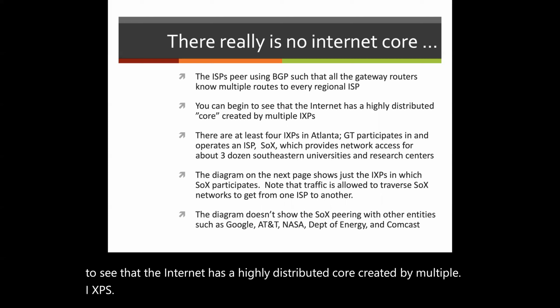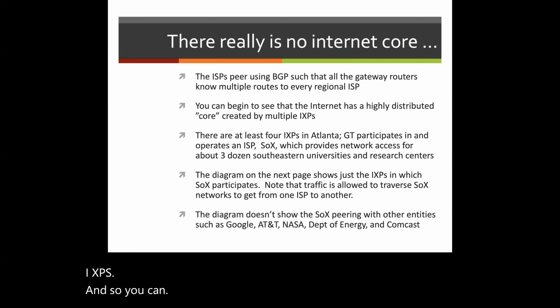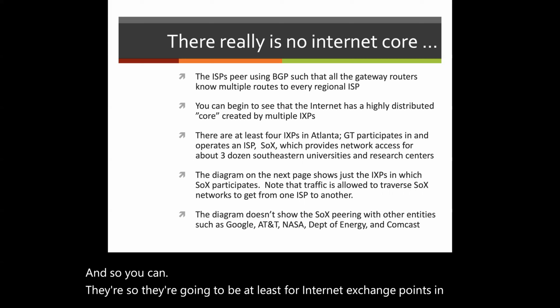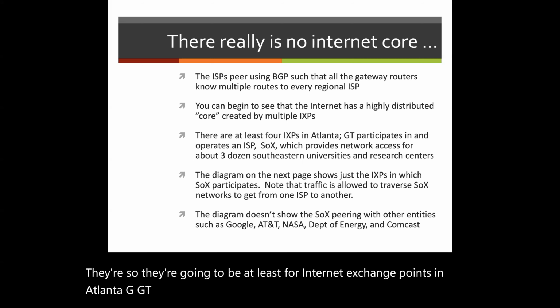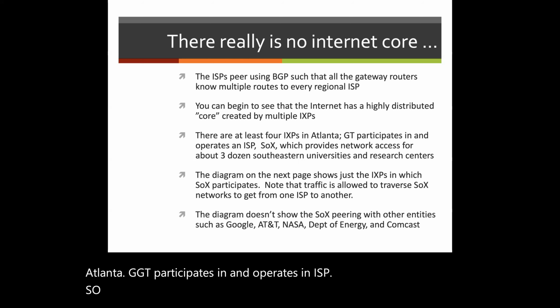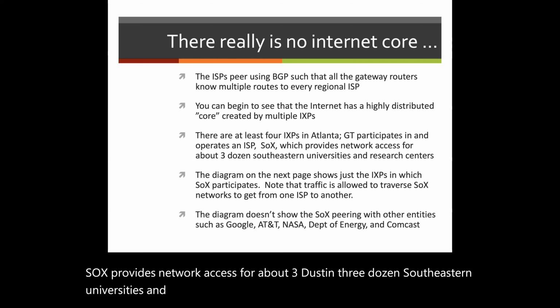There are going to be at least 4 internet exchange points in Atlanta. GT participates in and operates an ISP. SOX provides network access for about 3 dozen Southeastern universities and research centers.